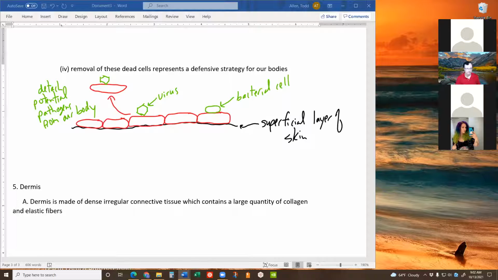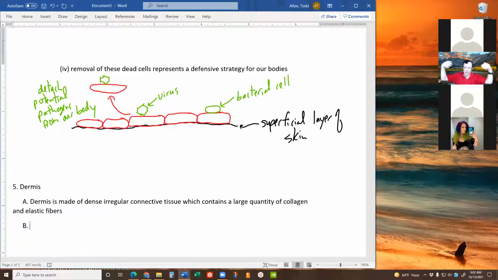Okay. All right, let's continue here. So the dermal layer is obviously made of connective tissue. And so the dermal layer itself is going to have relatively few cells with a large volume of extracellular space in between those cells.